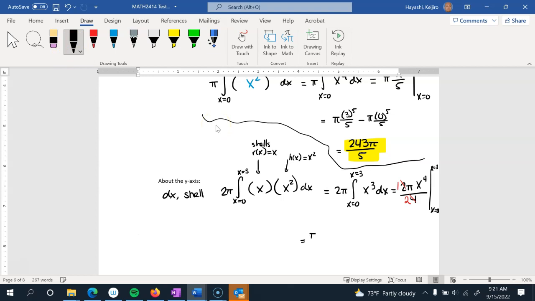So this is going to be pi times 3 to the 4th over 2 minus pi times 0 to the 4th over 2. So that's just 81 halves pi.